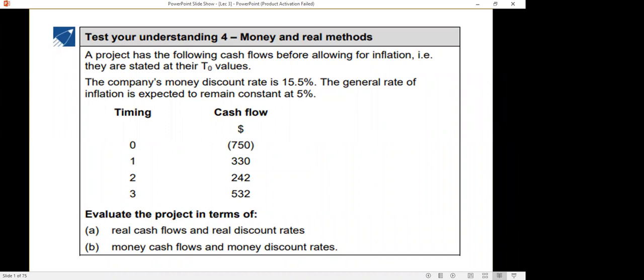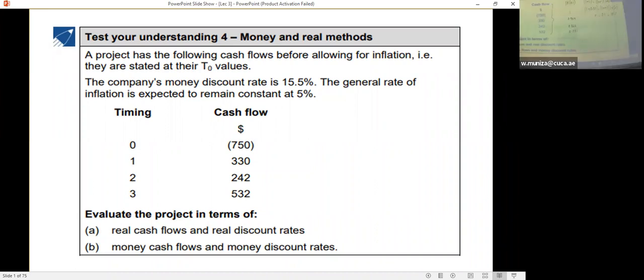How much is it? 200.97, okay, we can round it. 242 multiplied by 0.826. 200. 532 multiplied by 0.751. 400. Calculate the NPV. It's 150.